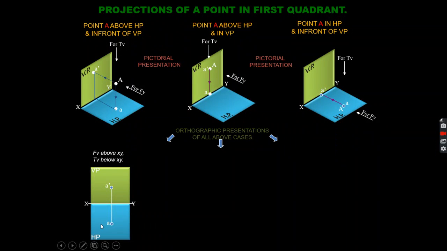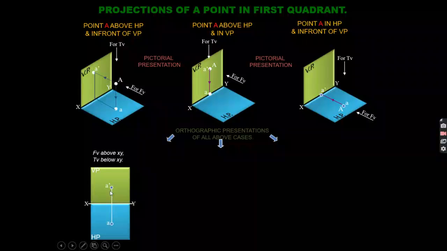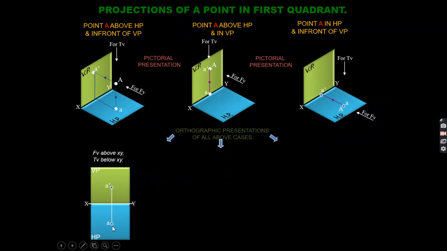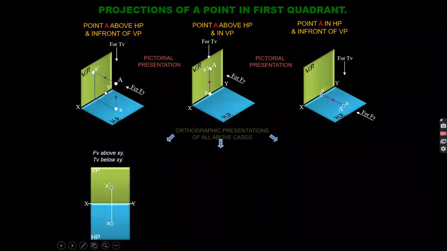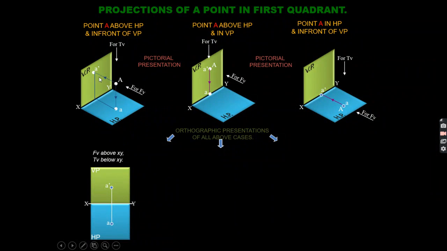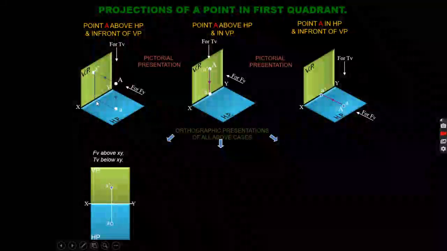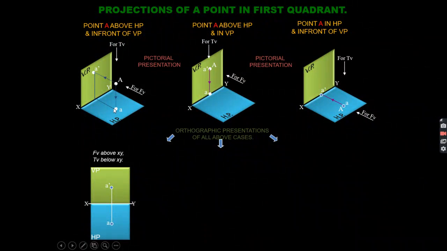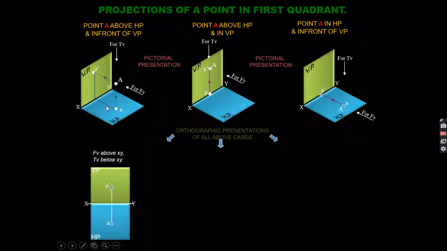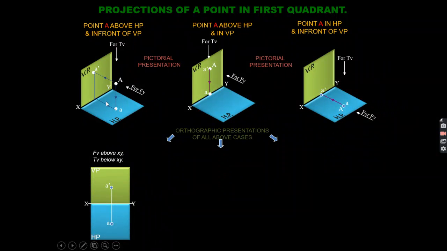This rectangle box you don't have to draw, as I mentioned earlier. You only have to draw the reference line, this point A dash and A, and this projector line joining A dash and A. Here you can see these are the projectors, and here are the projections of the projectors on the vertical plane and horizontal plane. So basically you are drawing the position of the projectors. Okay, these lines you are drawing here.